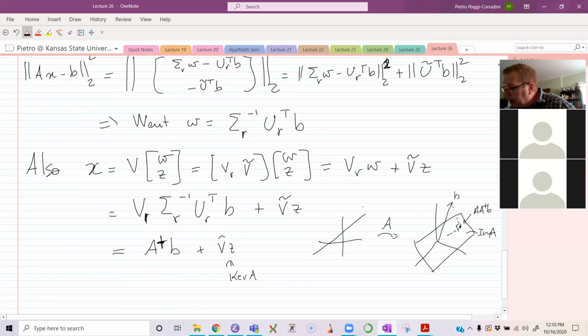So this is going to be A plus b plus the kernel of A. The kernel always goes through the origin. Now we move it. And the claim is that even in this general case, the pseudo inverse of b is this representative, the perpendicular one.